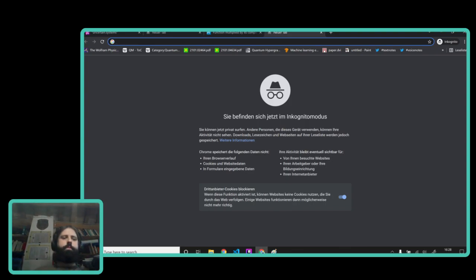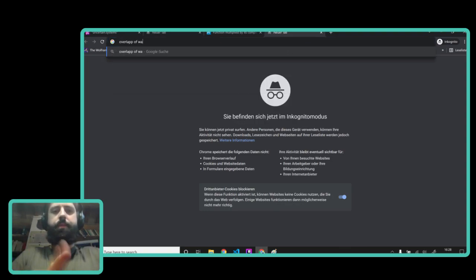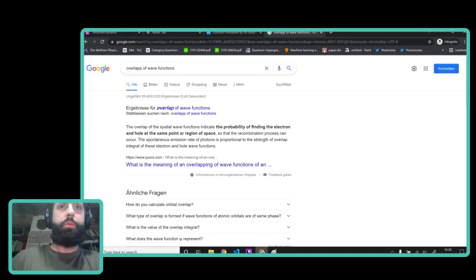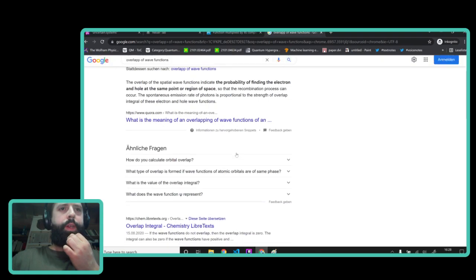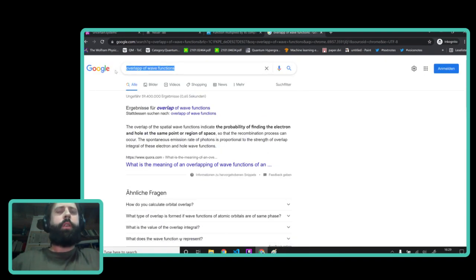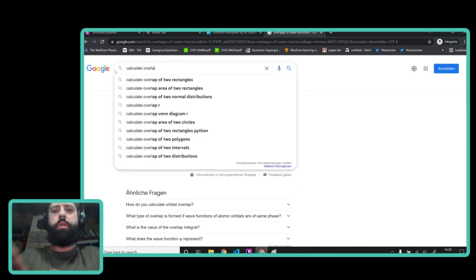Overlap of wave functions. I think maybe I shouldn't search too much about it, but then, calculate overlap of wave functions.